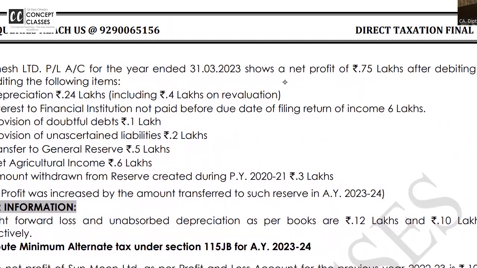What is the book profit for the 9th sum? Book profit is how much? No, all of you are giving different answers. 74 lakhs, 72 lakhs. No, dear. It's a very easy problem.